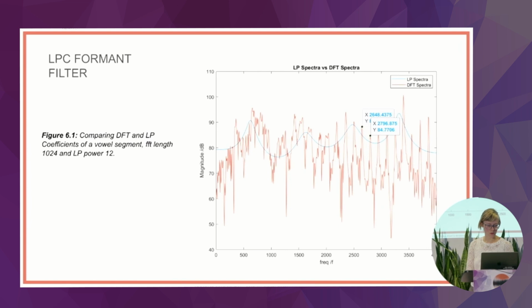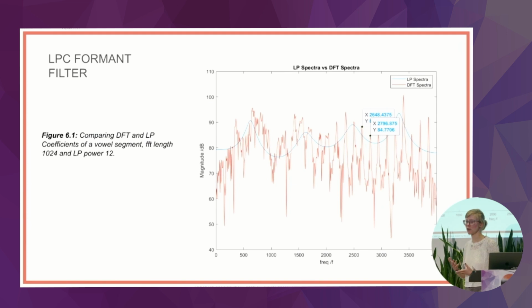The way people tend to get formants or model them is with LPC, linear prediction coefficients. These are used because they're more tractable than a lot of other filtering methods. It's essentially just an IIR filter that you put on top of the oscillation.